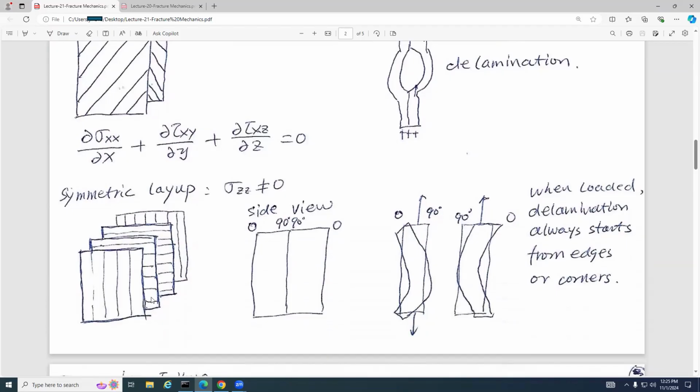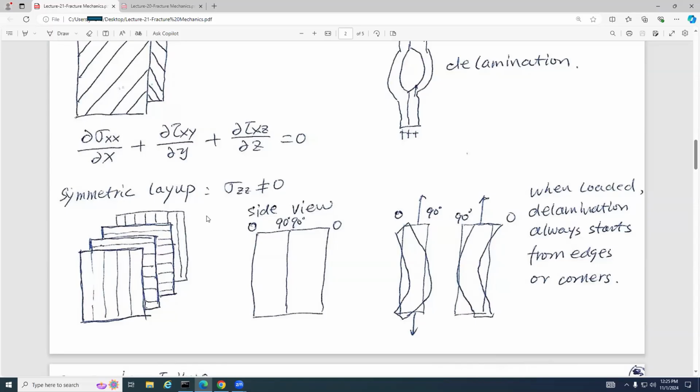A symmetric layout, we can see what I'm talking about. For this layer, the fibers are oriented vertically. We call this 90 degrees. For the fourth one, the fibers are also oriented vertically.